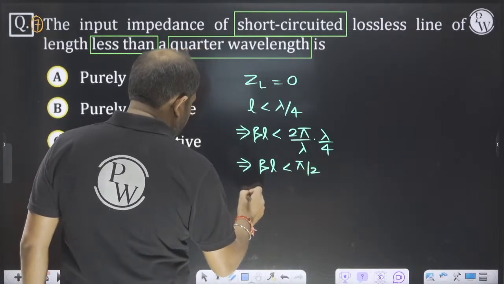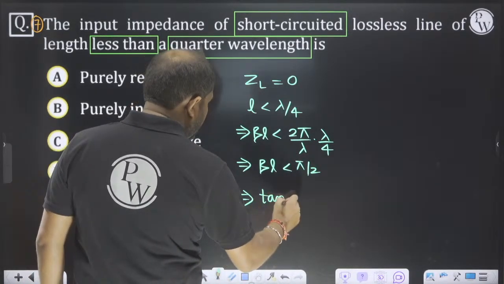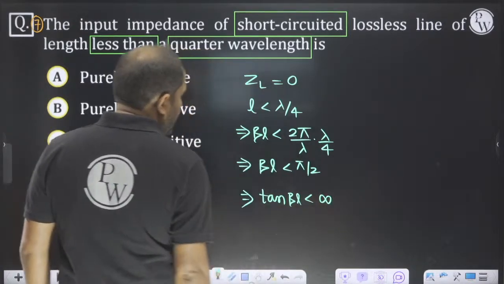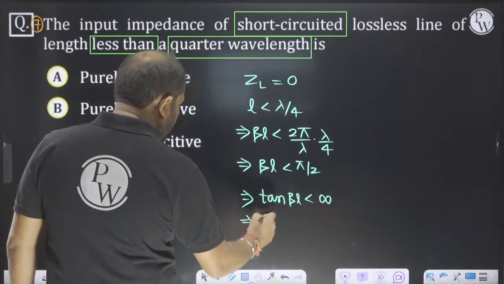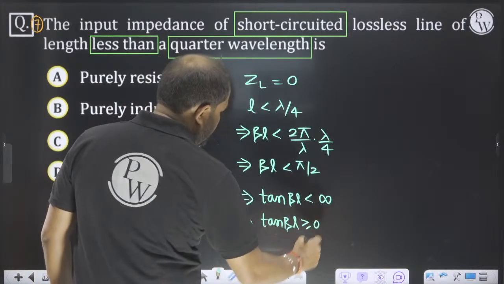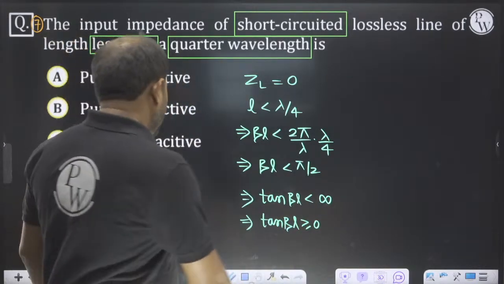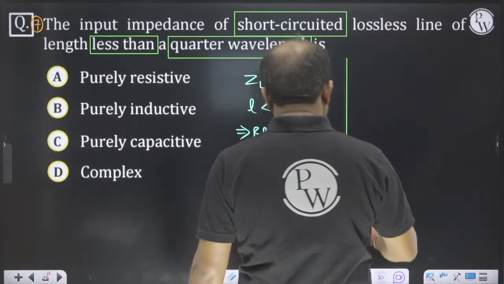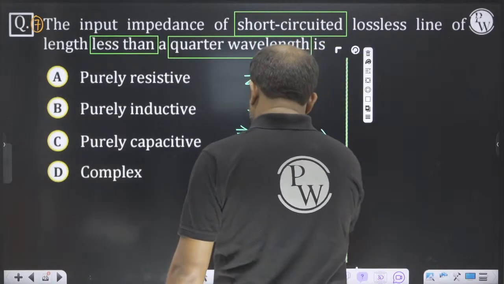If beta L is less than pi by 2, tan beta L is less than infinity, that means tan beta L is positive, greater than or equal to 0. So we can analyze this as a short circuit impedance simply.